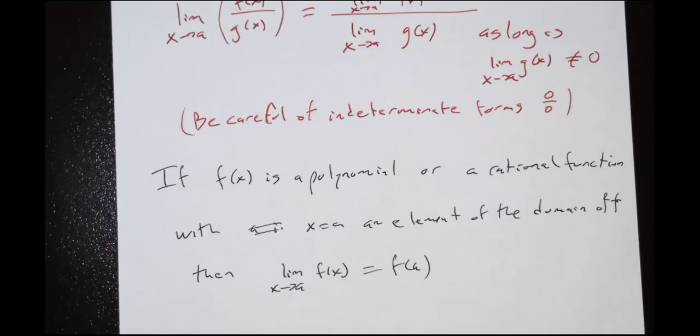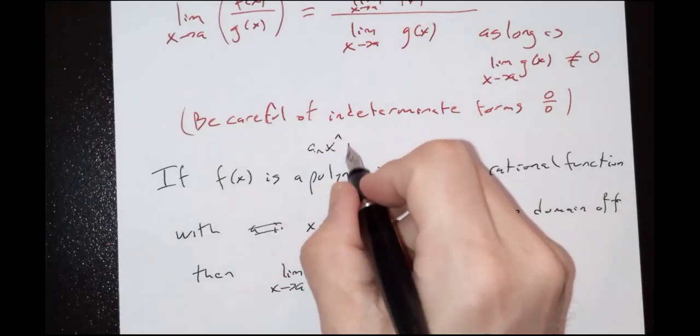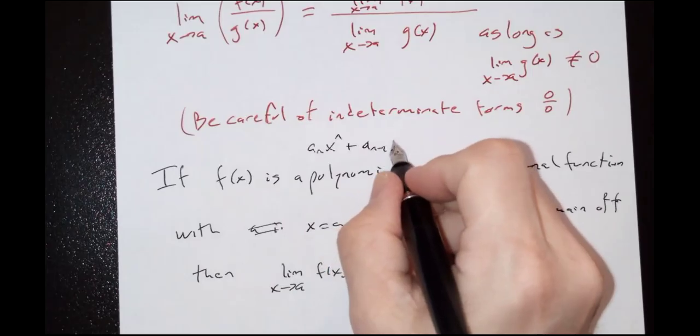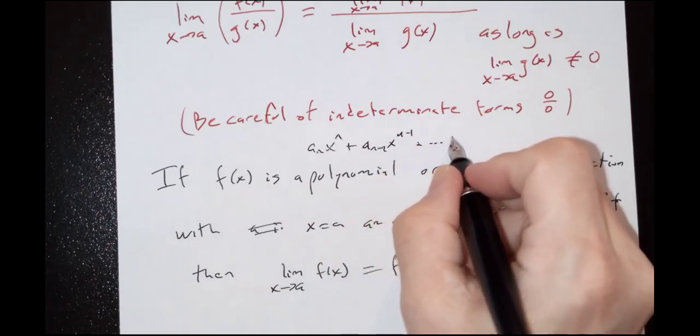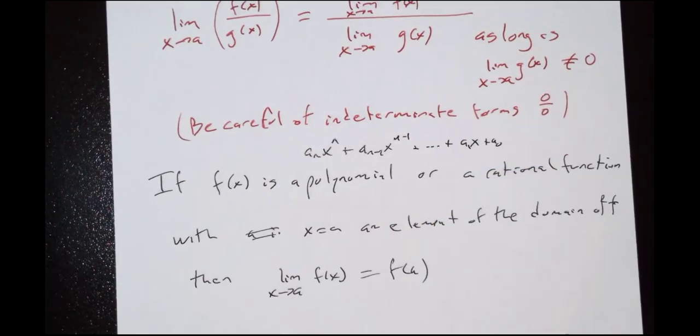So a polynomial is something that has numbers and powers of x. Now those a's are all numbered. So like 7x to the third plus 2x to the fifth.